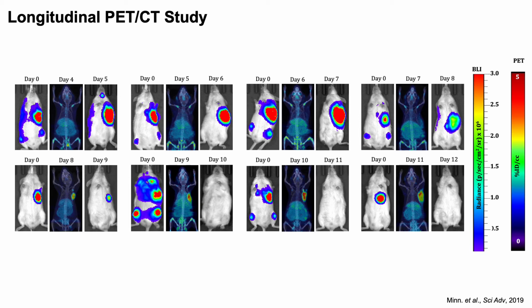And on day 9 and day 10, there are no tumors from the injection site, which indicates CAR T cells all moved there and successfully eliminated all the tumors from the mouse. And on day 11, day 12, the mouse was cleared of tumor, which indicates the efficacy of this CAR T therapy. And this longitudinal study shows location, movement and quantification of infused CAR T cells in our animal model.